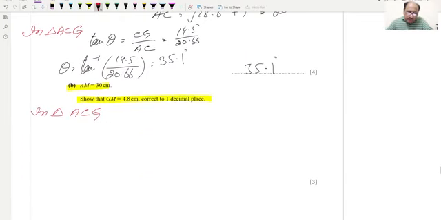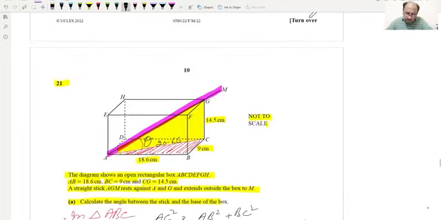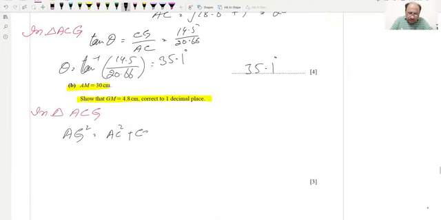So AG squared will be equal to AC squared plus CG squared. So AG will be equal to the square root of AC squared plus CG squared, and AC we know is 20.66, which we just found, plus CG, which is 14.5, so 14.5 squared.